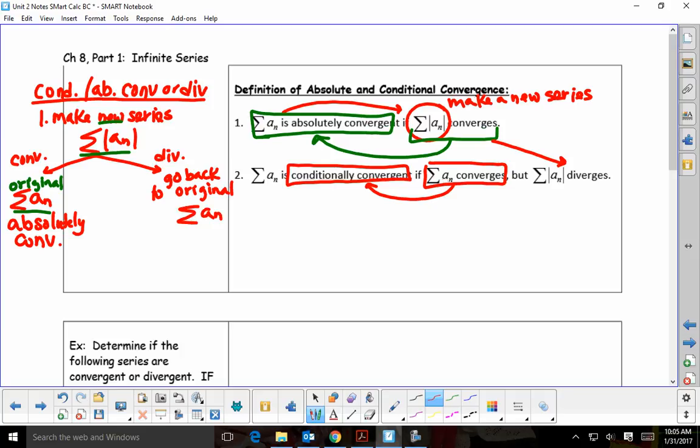And that now can do one of two things. What are the two things it can do? Converge or diverge. If the new absolute value series diverged, but the original converged, then the original is conditionally convergent.